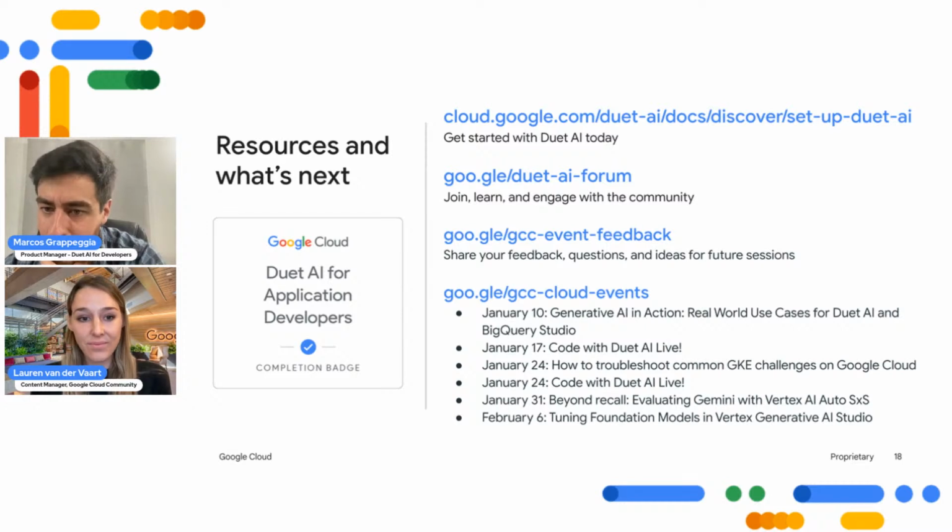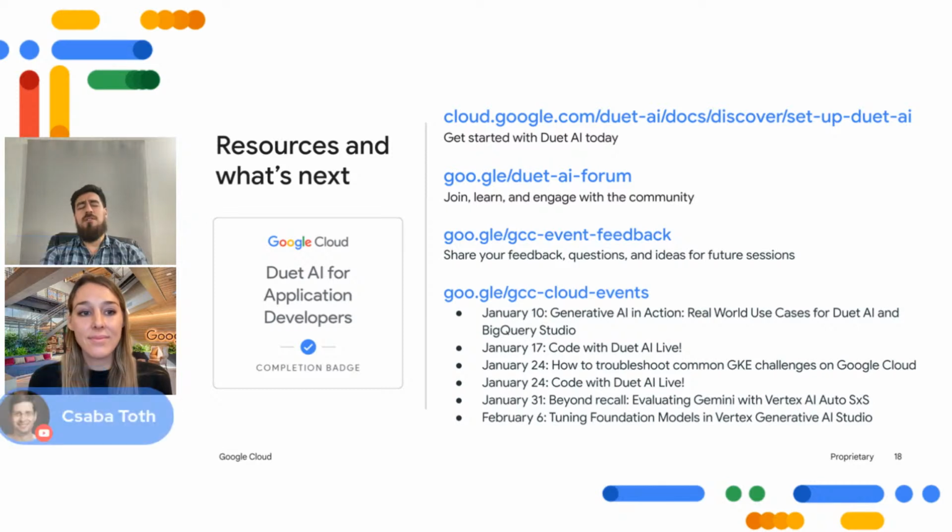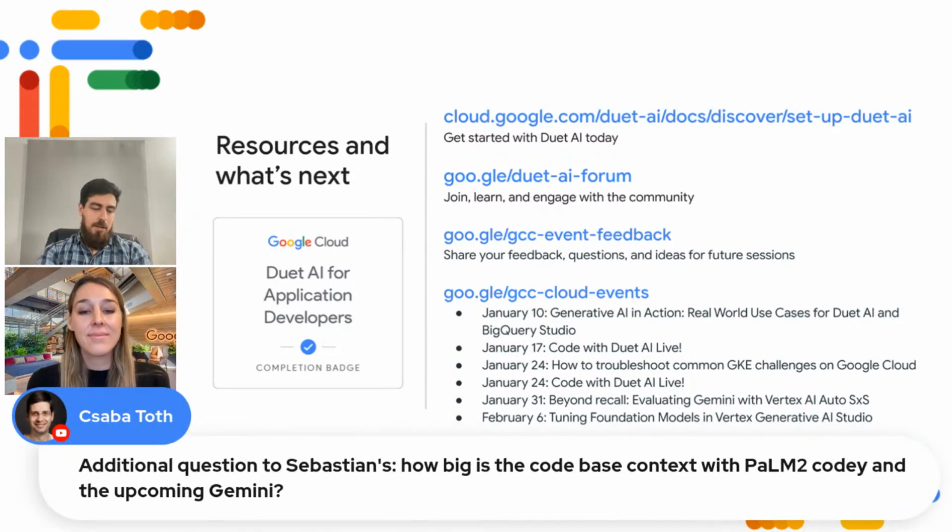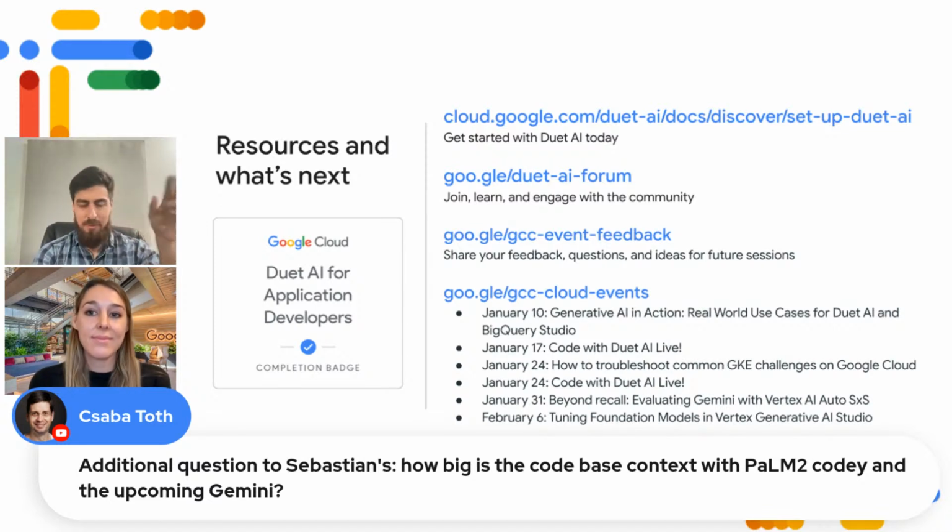Question from Sataba Toth: how big is the code context with PaLM 2 and the upcoming Gemini? There are two kinds of context. There's training data. Training data is big, a few billions, if not trillions of tokens being used for training. I don't have the specific number, so you may be able to find that on some of our public docs page, but it's a lot of tokens.